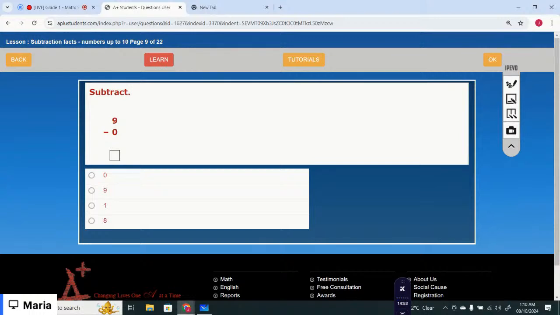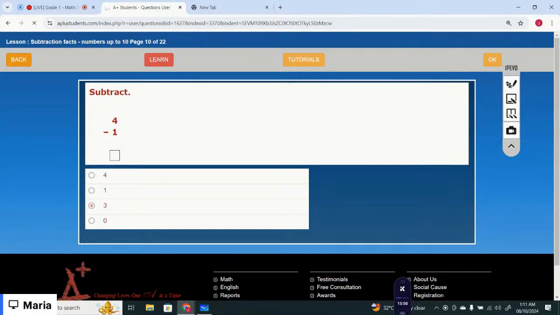So which is the correct option? Yes, when you subtract 0 from any number, the number stays the same. 9 take away 0 is 9. Okay, the next one is 4 take away 1. So which is the correct option? 4 take away 1 is 3. Option number 3 is the correct option.